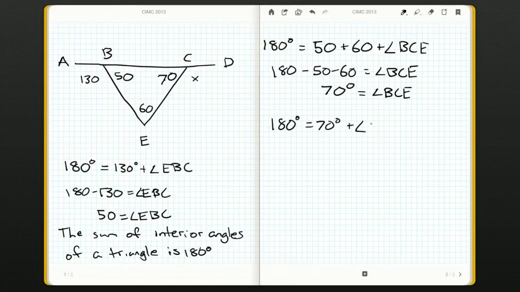So the x value that we want, which is ECD, is going to add with the 70 degrees to form a complete line, which is 180 degrees. So we perform that calculation, and we quickly see that x is going to be 110.